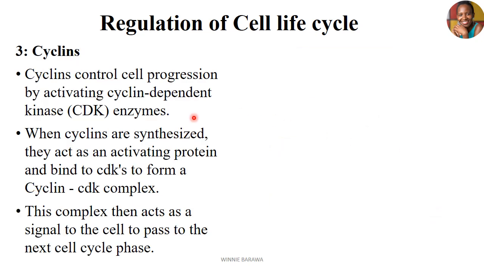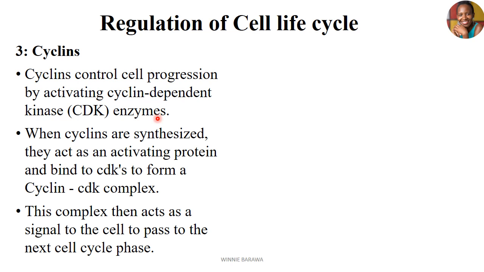And the third regulation process is the use of cyclins. Cyclins are a class of proteins that control cell progression by activating what we call cyclin-dependent kinase enzymes, mostly known as CDKs.